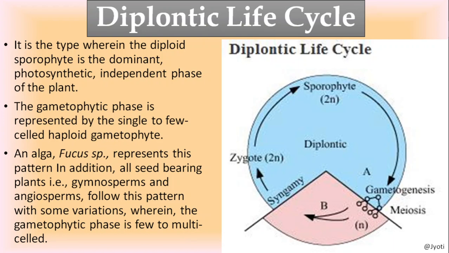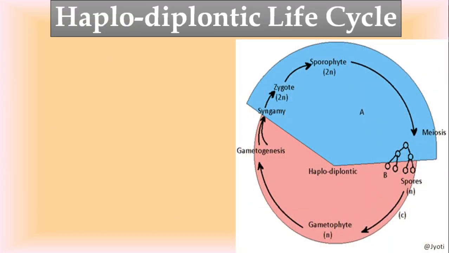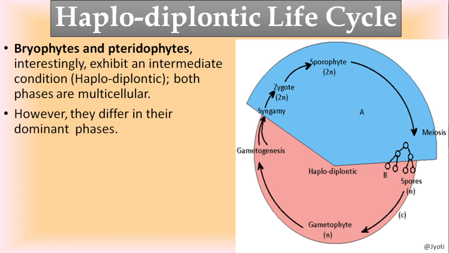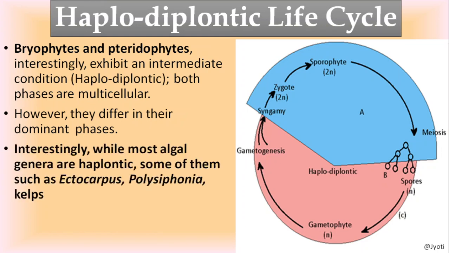Now, let us discuss the third type of life cycle, that is haplodiplontic life cycle. In case of bryophytes and pteridophytes, they exhibit an intermediate condition that is called haplodiplontic. That means both the phases are multicellular and both the phases are equally dominant.